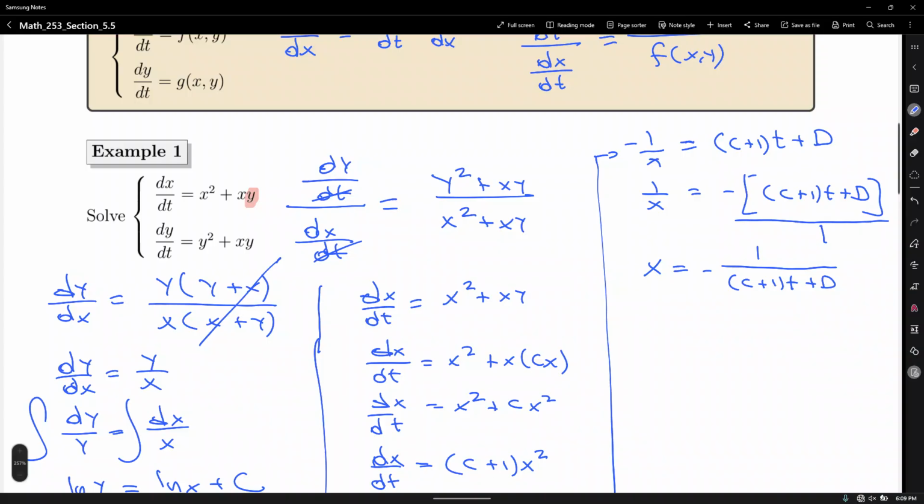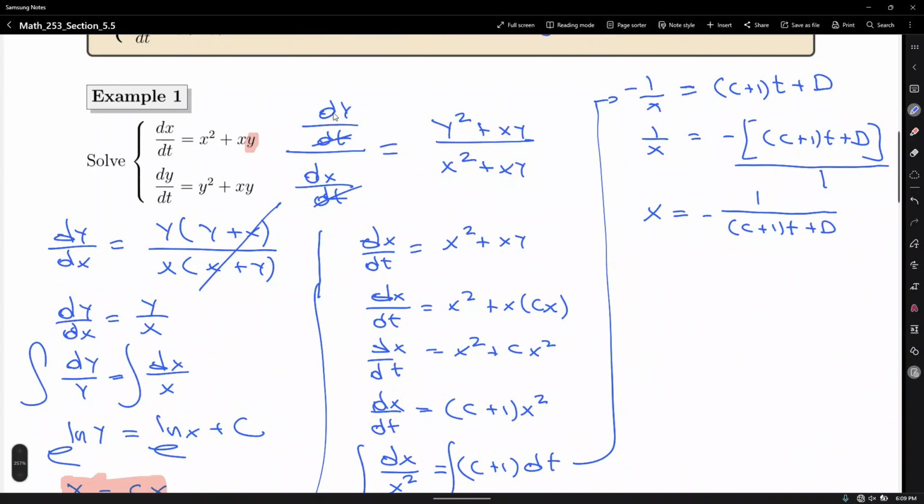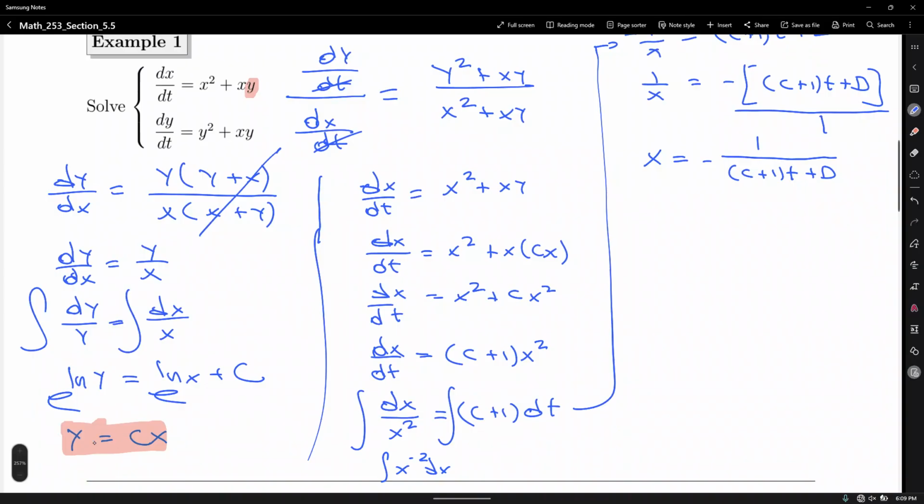You might wonder, for the y solution, don't we have this equation y equals cx? So y equals c times all this madness here, negative 1 over c plus 1 t plus d.